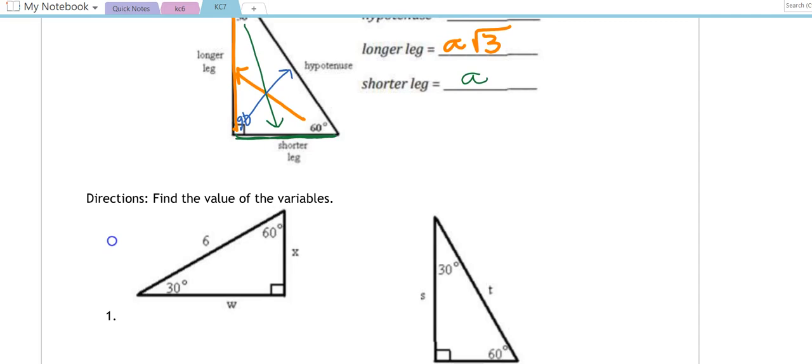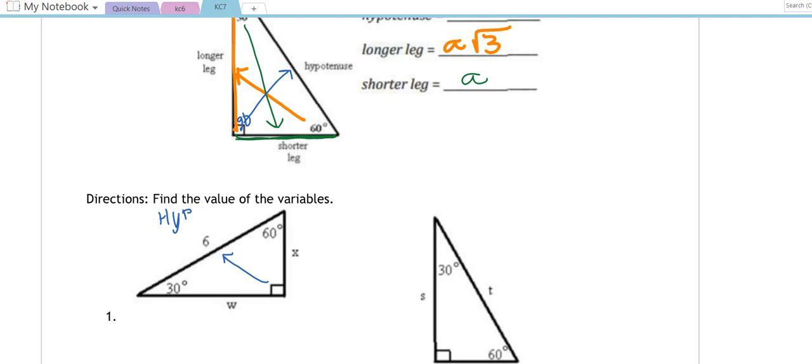All right, so looking at our directions here, it says find the value for the variable. We have a 30, 60, 90 triangle. So the first thing that I would do is start off with what we do have. What we do have is our hypotenuse, right? Because this would be our hypotenuse across from the 90. And our hypotenuse on a 30, 60, 90 triangle is that hypotenuse equals 2A.